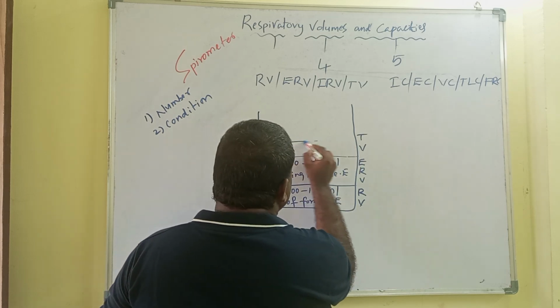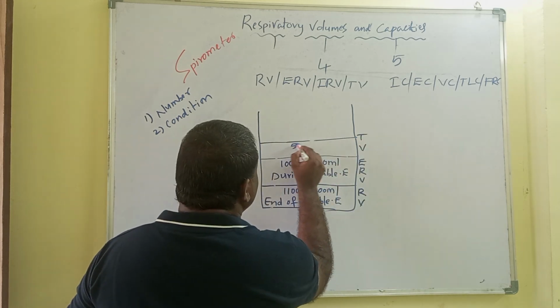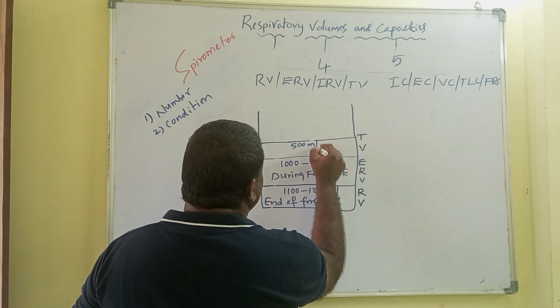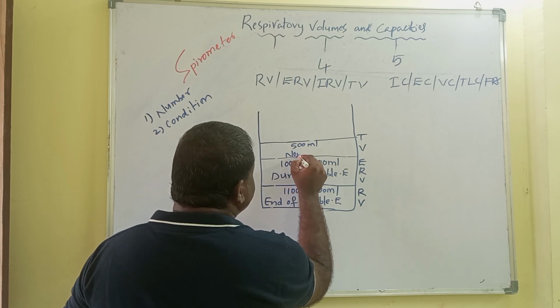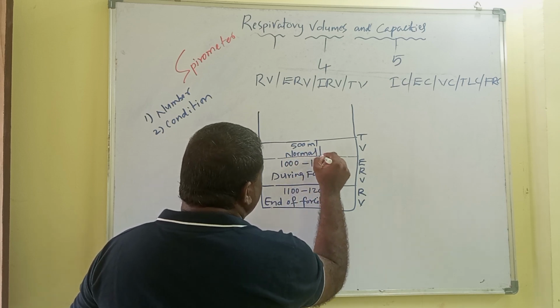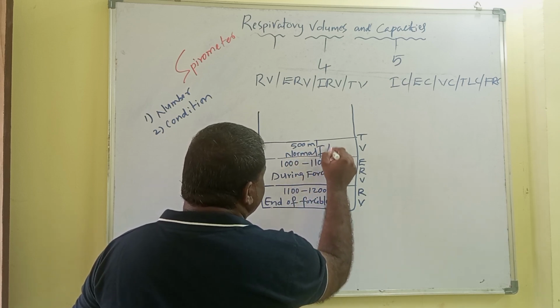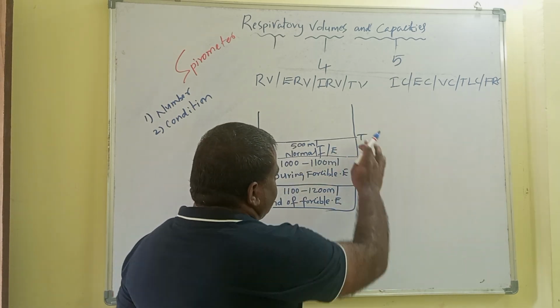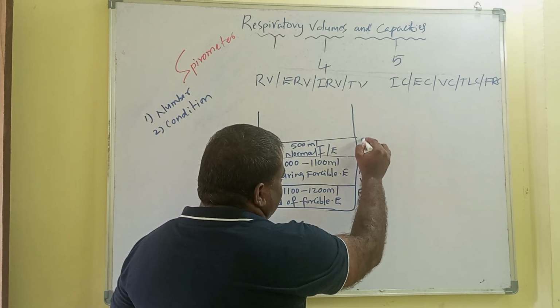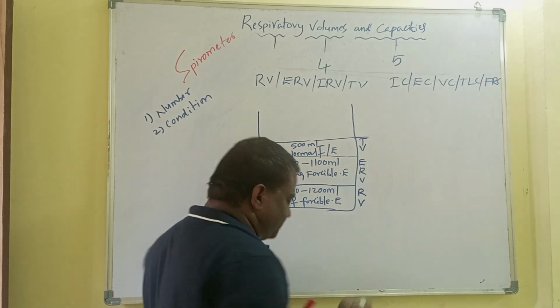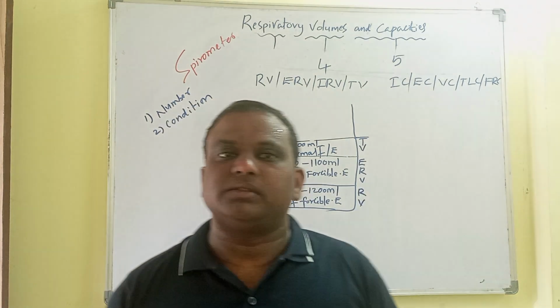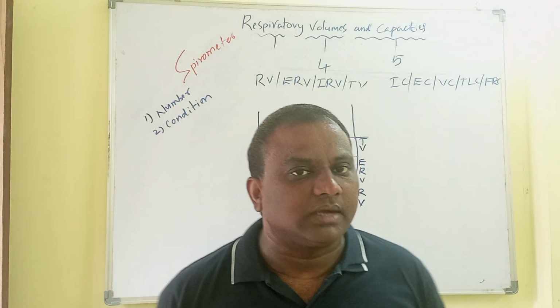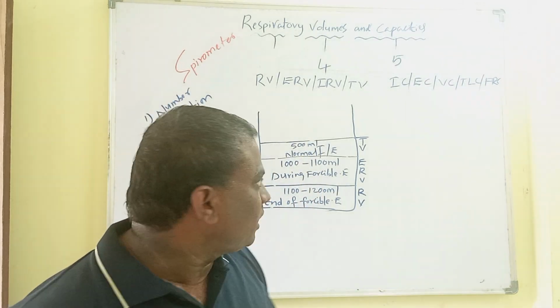The number is 500 ml, and the condition is normal inspiration or normal expiration. That is the condition. Normal expiration or normal inspiration, 500 ml of air goes out or comes into the lungs. That is tidal volume.